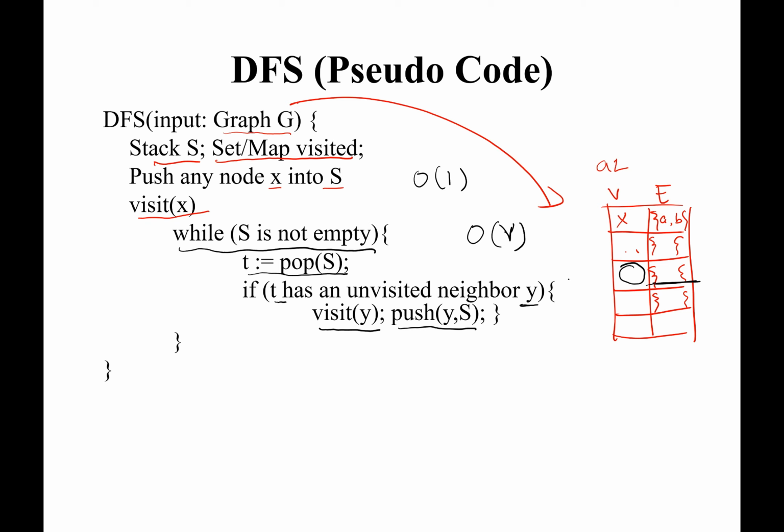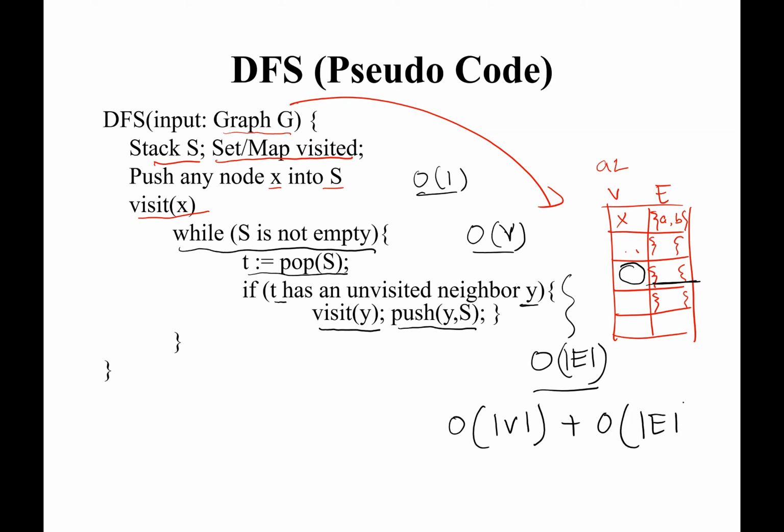So in total throughout the algorithm, how many times will we check the neighbors? It will check order of E times. You get that? Okay, so the total amount of work is going to be order of V plus order of E. So that is the time complexity of the DFS algorithm.